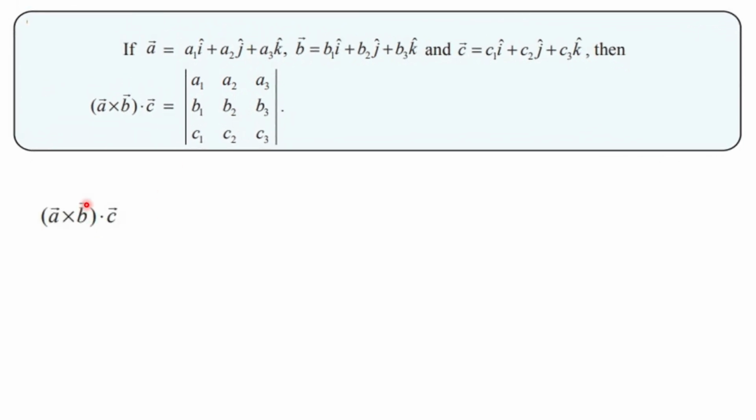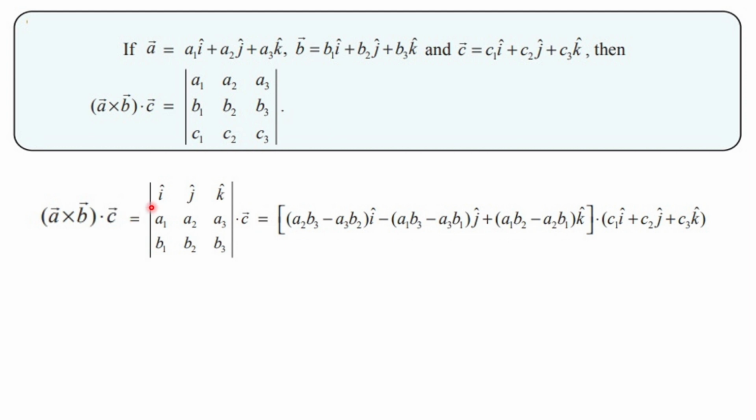So first, a cross b dot c equals, we know that a cross b, if we cross a cross b, we first take i j k, then we put the values a1 a2 a3 and b1 b2 b3, dot c.